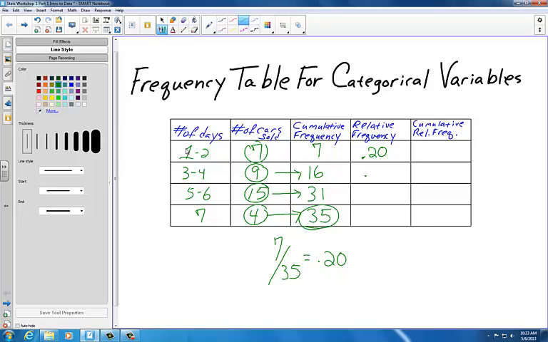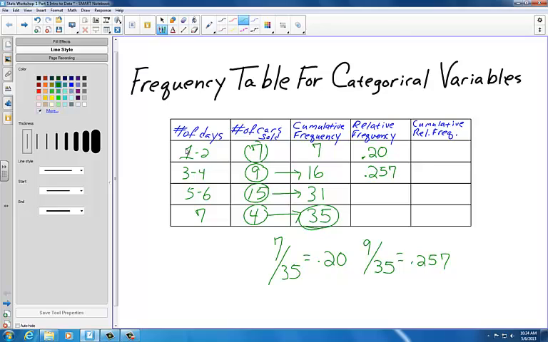On days 3 and 4, I have 0.257, or 25.7%. And I calculate this by taking 9 and dividing by 35. So that's the cars that were sold on days 3 and 4 divided by my total number of cars sold for the week.